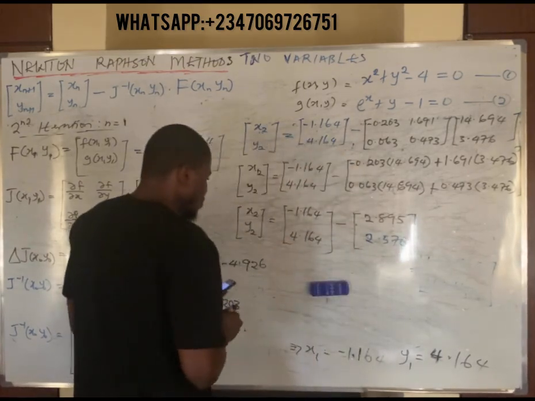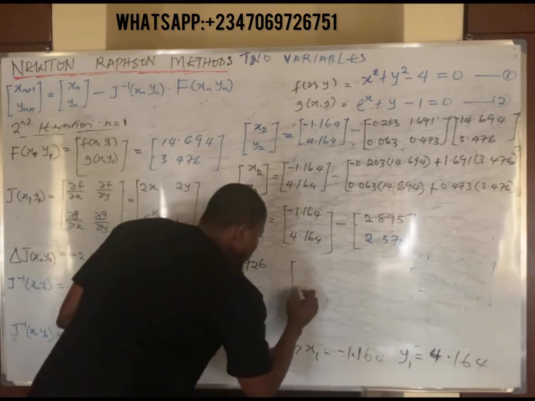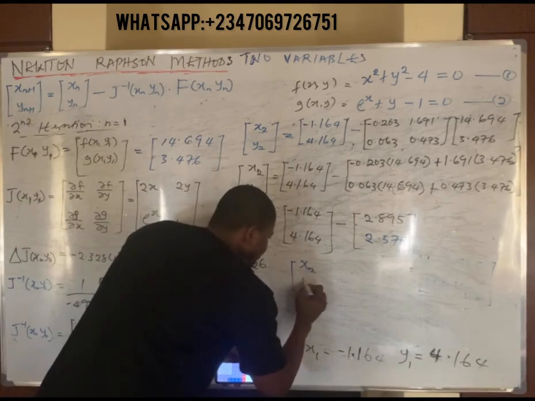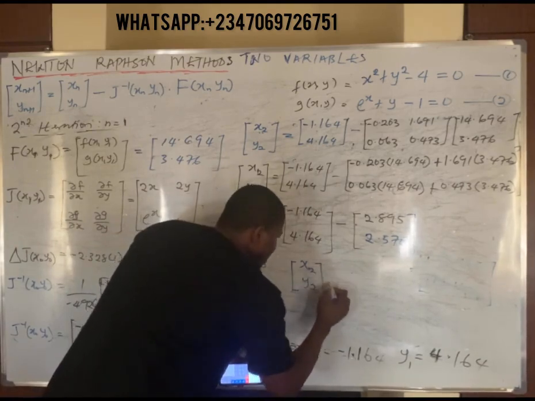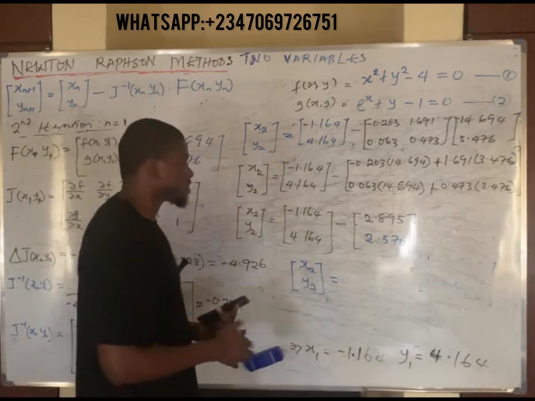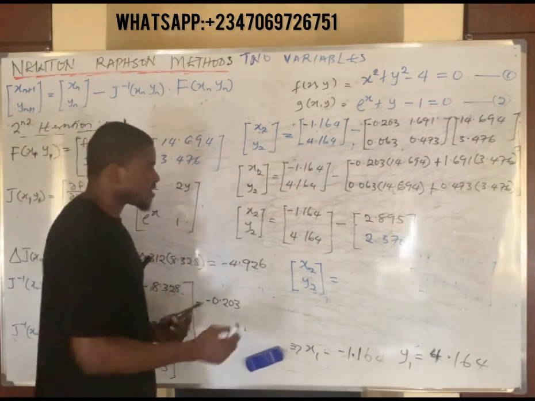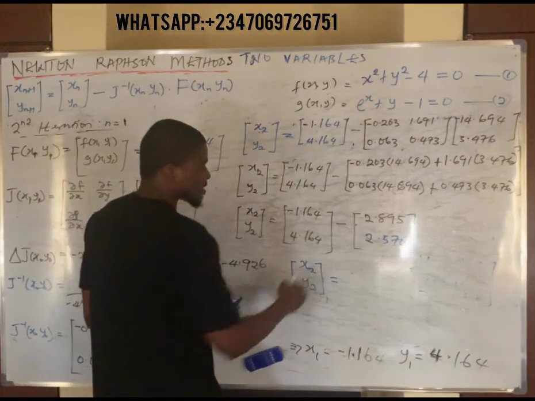Okay, so this simply now means that x2, y2 is now equal to, so you know, when two matrices are subtracting themselves, especially a 2 by 1 matrix, when they are subtracting themselves, it simply means each of the elements are subtracting themselves.